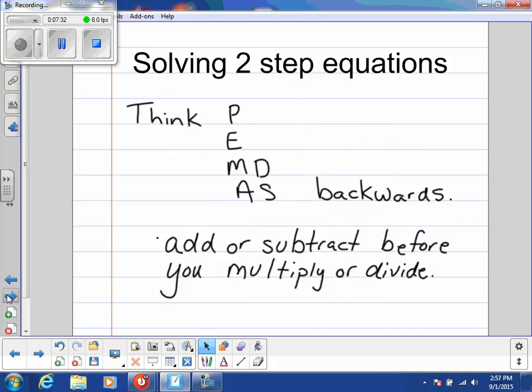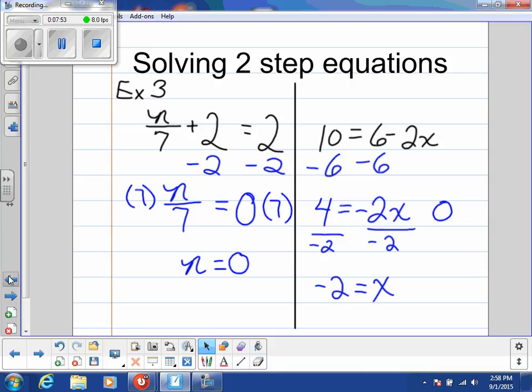When you're solving two-step equations, notice that this is what I did. I didn't follow the order of operations. I went backwards. In an equation that has multiplication or division and addition or subtraction, I did the adding and subtracting part before I multiplied or divided. I'll show you again.